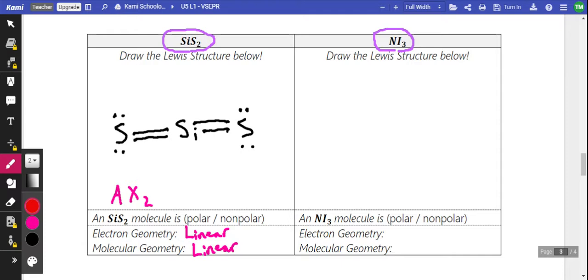So to figure out whether our molecule overall is polar, again, we're looking for at least one of 2 things, or maybe both. One is lone pairs on center atom, and 2 is different surrounding elements.